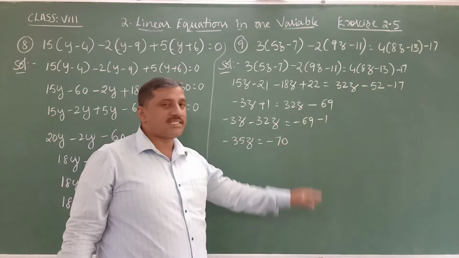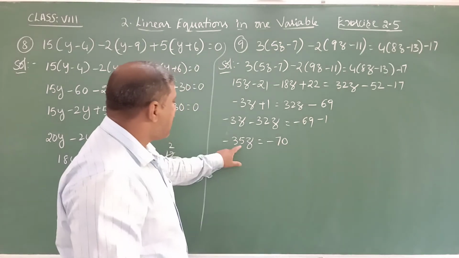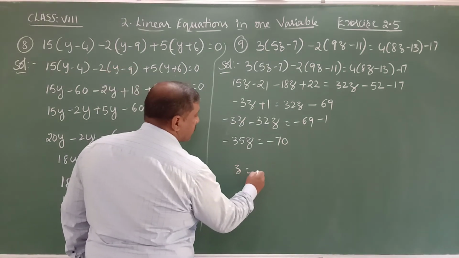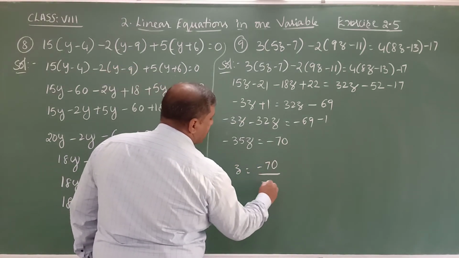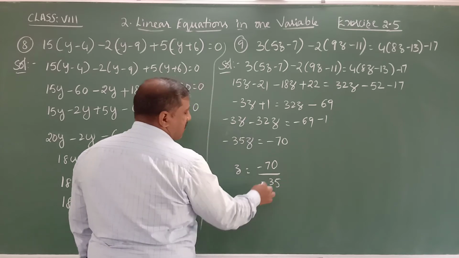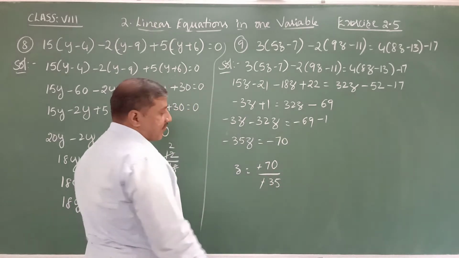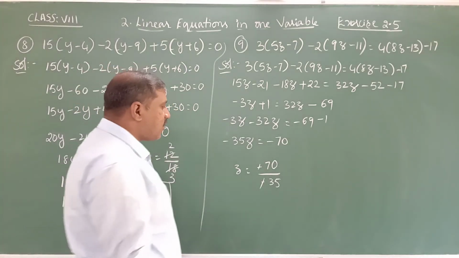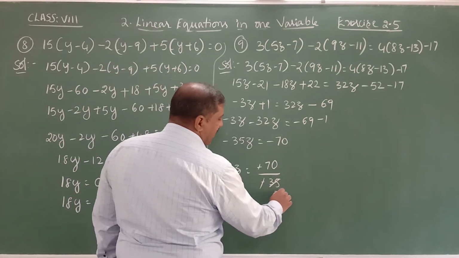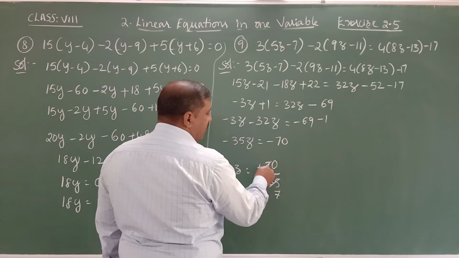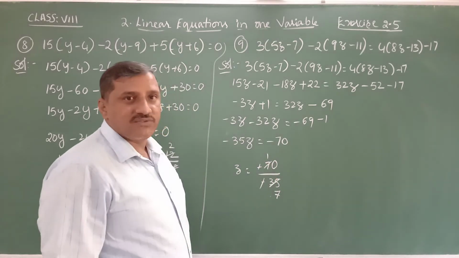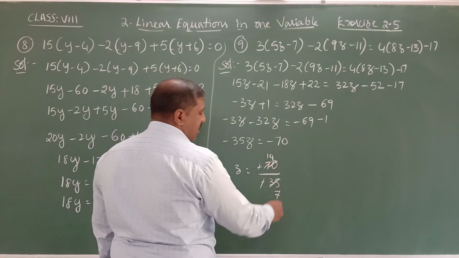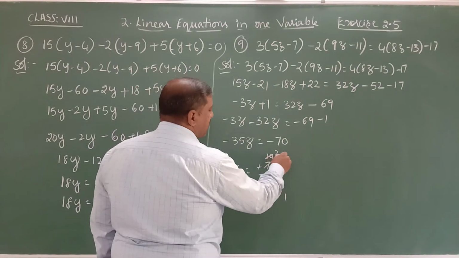So transpose minus 35 to the RHS, as it is multiplying, therefore it divides. That is z is equal to minus 70 divided by minus 35. Minus and minus are cancelled. Now 35 ones are 35, 35 twos are 70. You can do it this way, or you can go with small numbers. 5 sevens are 35, 5 ones are 5. 7 minus 5 is 2 and bring down 0, 10. 5 fours are 20. 7 ones are 7, 7 twos are 14.